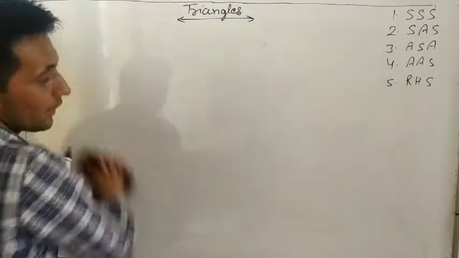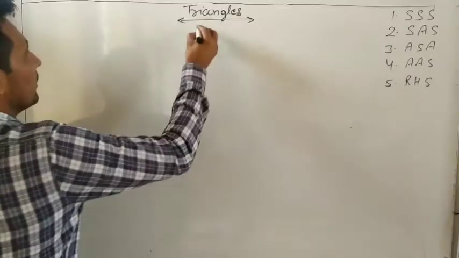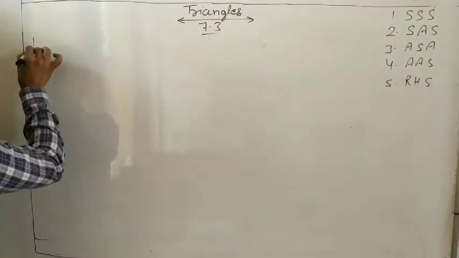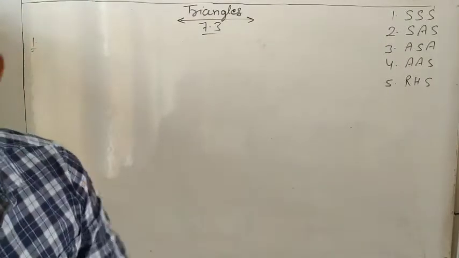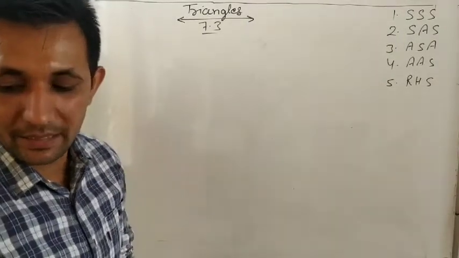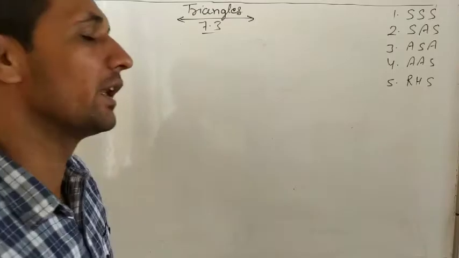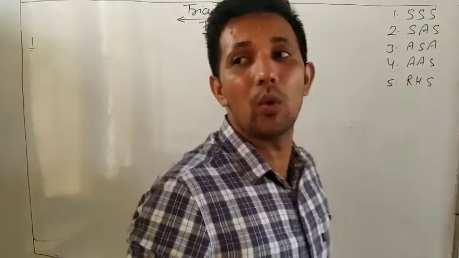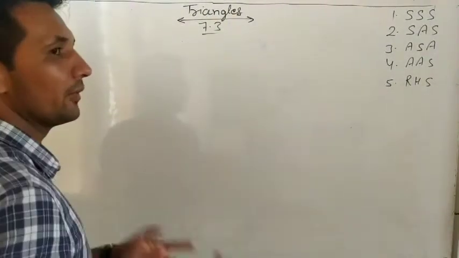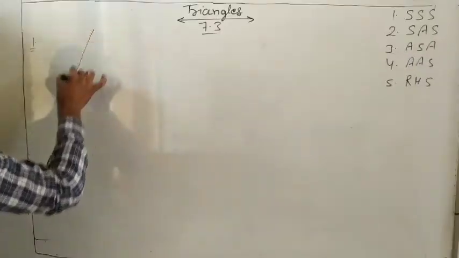7.3. Read everyone. First question of 7.3: triangle ABC and triangle DBC are two isosceles triangles. First we should know what an isosceles triangle is. Always we will use the property given in the question.